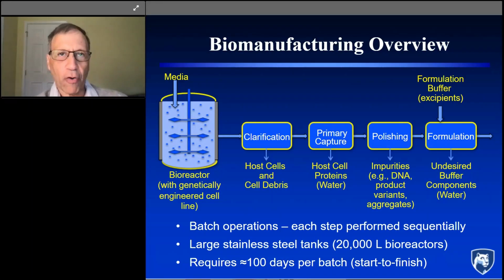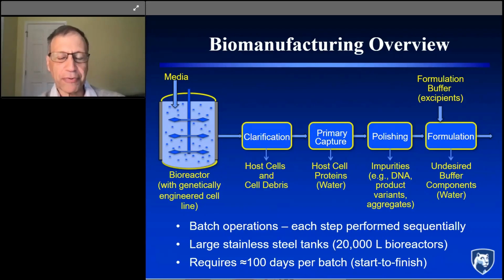Now, if you look at the overview of the manufacturing process for producing monoclonal antibodies, they all look generally the same, beginning with a bioreactor, either single use or stainless steel. In the case of antibodies, it is typically used to grow Chinese hamster ovary cells.